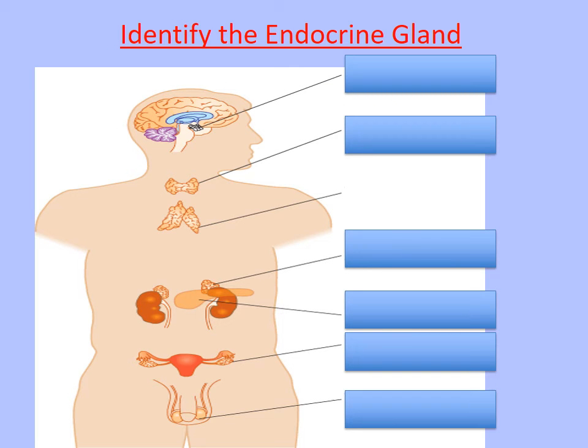Right, on to tasks now. So I've posted a copy of the booklet. You need to be able to identify the endocrine gland in each of the images, and then next to it I'd like you to put down the function, as in the hormone that is produced by each of them. So you can check that using the slide in the PowerPoint.